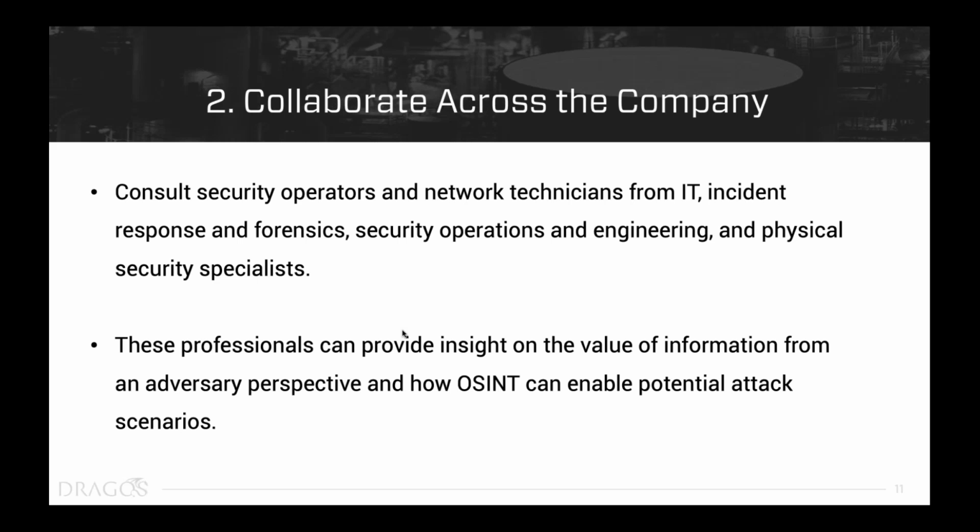If you're thinking from a defender perspective or a SOC analyst perspective about the information you're going to be able to find available online, and the value you think it might have, you're going to have a narrow field of vision, right?